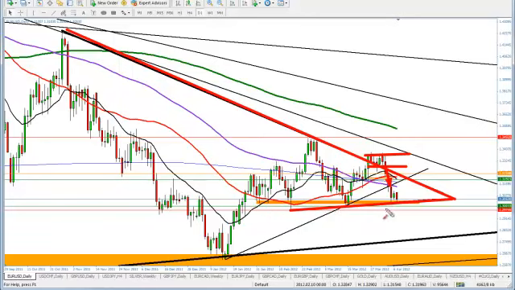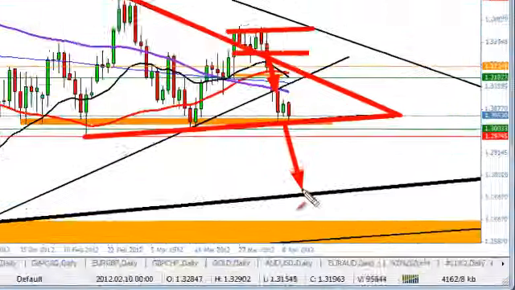As we see, the price is standing above support here. All we need now is a clear breakout. So if the price breaks to the downside, the next target after 3000 will be the 28 area, 128.